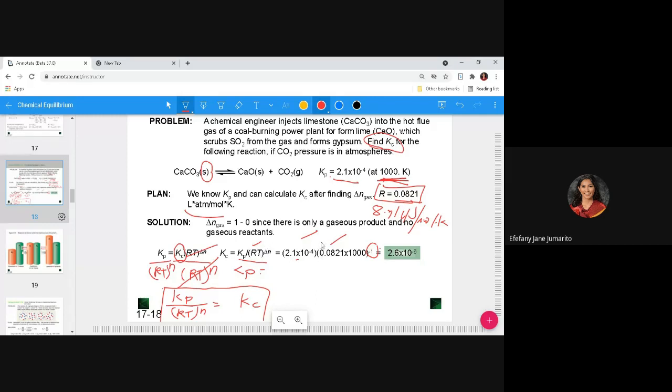Now here, class, it should be divided to have just 1.